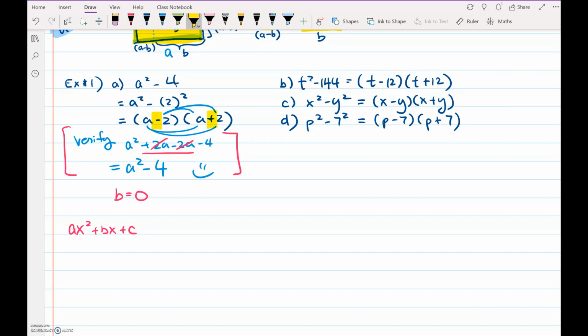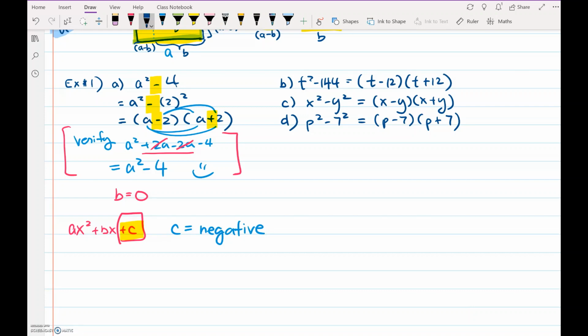Our signs are different because our second term has a minus in front, okay? As in, c here has to be a negative number. So if we had a positive number, this wouldn't work at all.